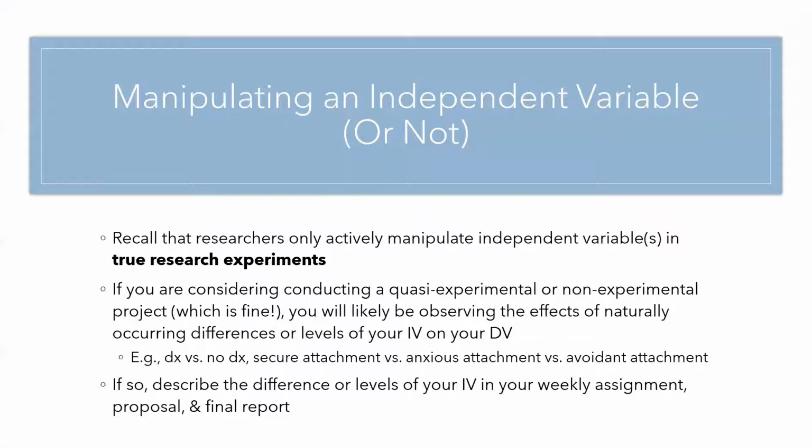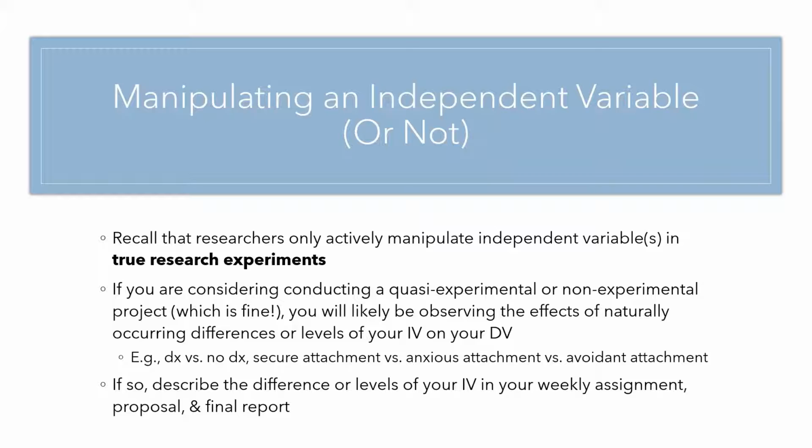Just before we end this section of the tutorial, I wanted to quickly touch on something that a couple of you have asked in emails to me about. I know in your assignment last week, it asked for you to identify the independent variable of one of the research articles you summarized and to explain how it was manipulated. However, researchers only actively manipulate the independent variable in true research experiments like we just discussed.